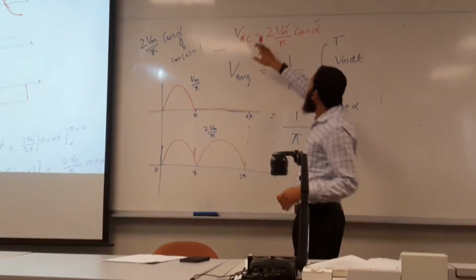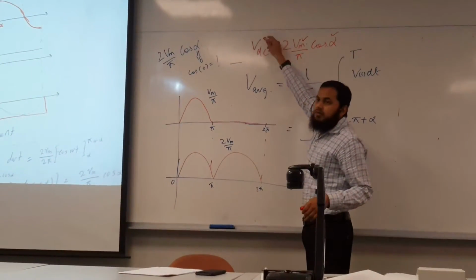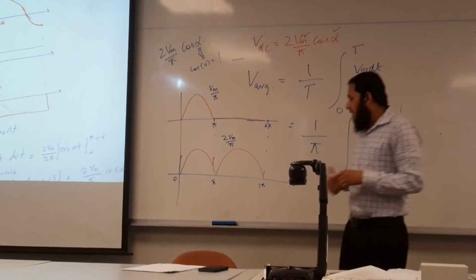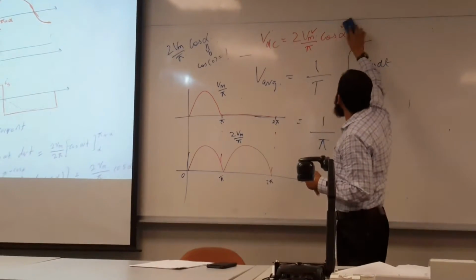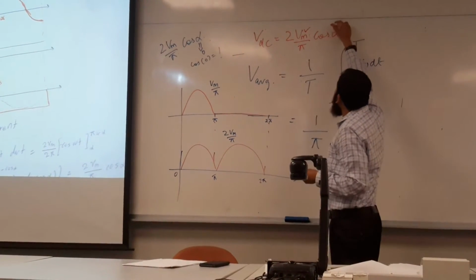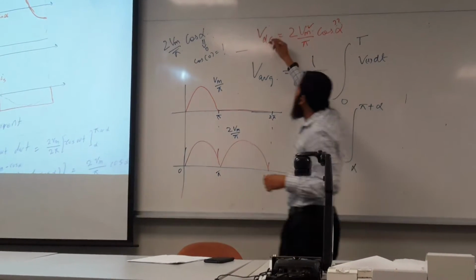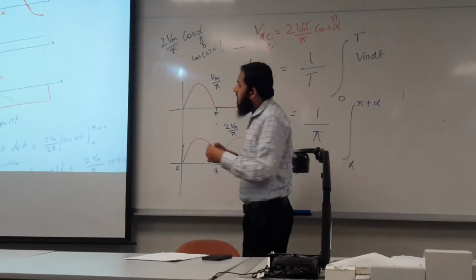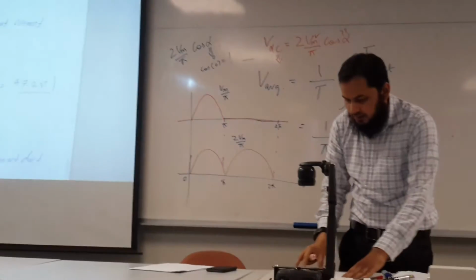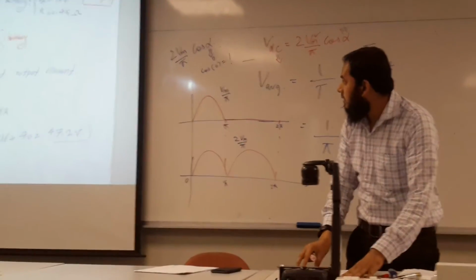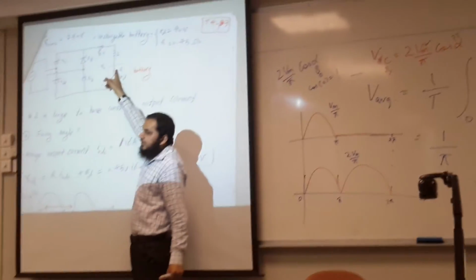In this question, Vm is given, but is V_DC given? No, because we need to find out alpha. So we must know Vm and V_DC. So V_DC will be equal to this voltage plus this voltage.